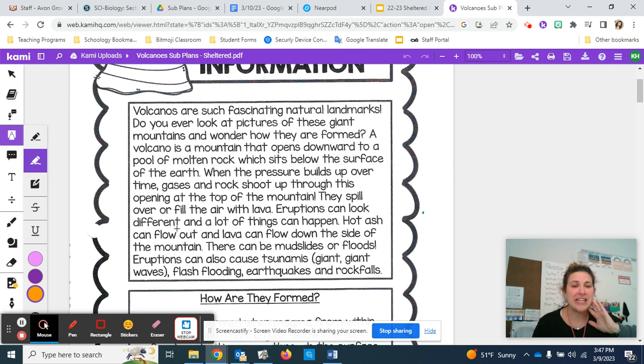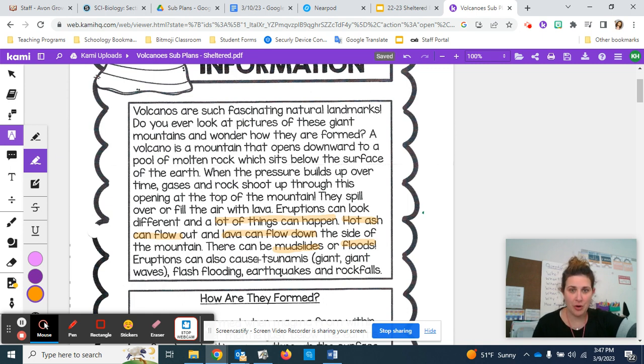Eruptions can look different, and a lot of things can happen. Hot ash can flow out, and lava can flow down on the side of the mountain. There can be mudslides or floods.